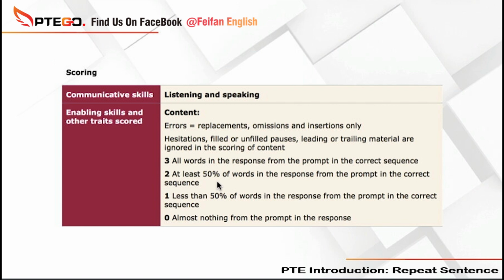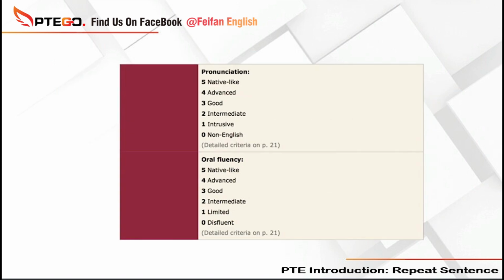If you repeat and omit some of it, 2, 1 or 0. No negative mark here. So of course you should not go blank in any case and you should speak out whatever you have heard from the audio clip. More focus is on pronunciation and oral fluency as well as content, because the way you speak, the computer records exactly and they're going to score accordingly.